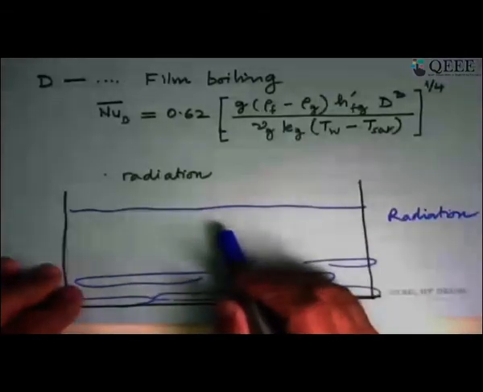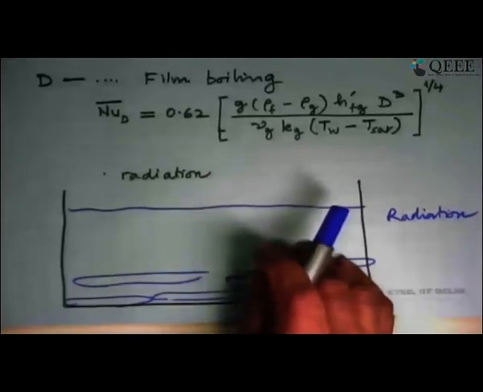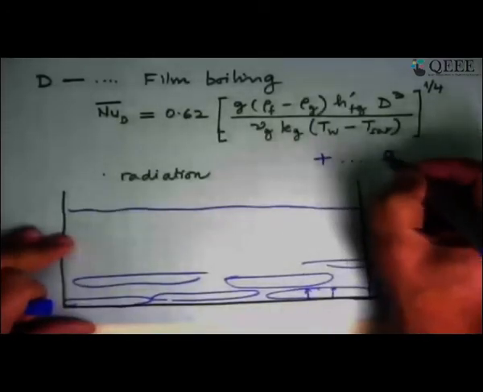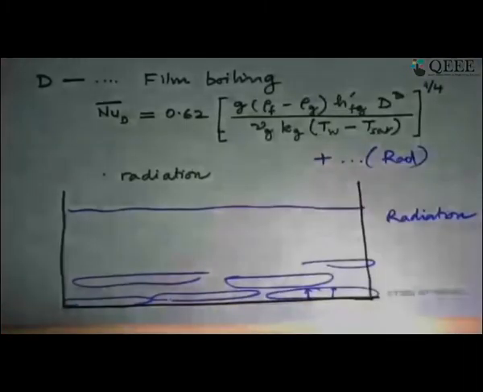So in some sense, if you want to convert it to a non-dimensional thing, this is a buoyancy-driven phenomenon, and finally you can add on the radiation part of it later. This is not for the radiation part, we will have to add the radiation separately to this. So that's what film boiling is, the formula for film boiling.